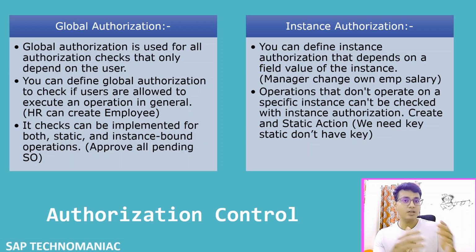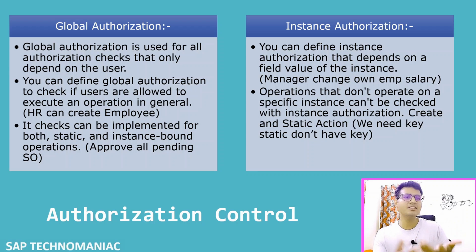In the instance authorization method, you can't do the authorization check against static operations. If you are doing some static operation, like creating a purchase order or sales order, or any operation on the entire BO, you can't do that in this instance authorization, because the instance authorization interface importing parameter will have a key, and for that kind of operation we can't have a key.